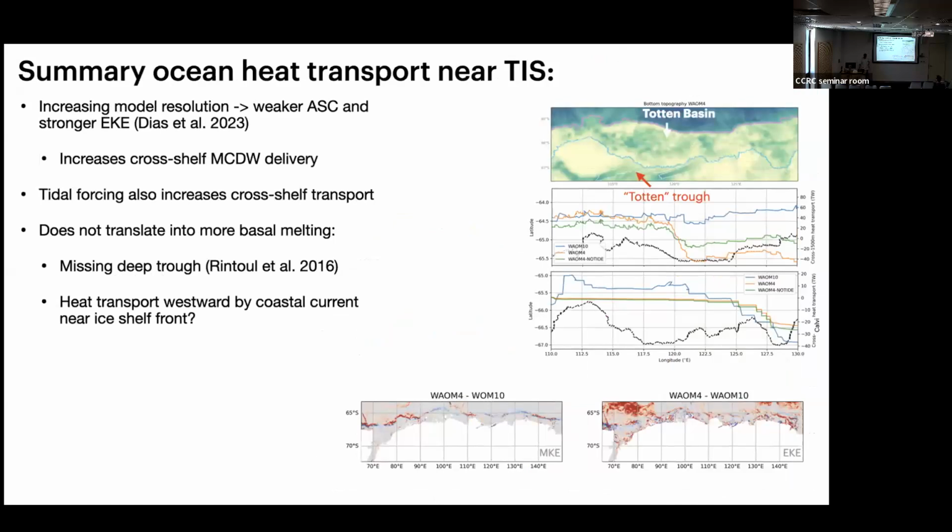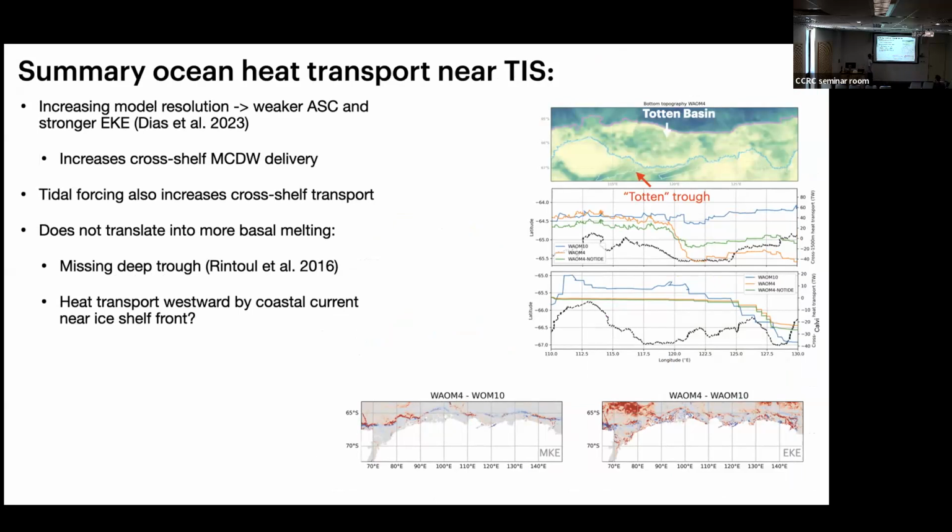Yeah, so just to briefly summarize, also something I mentioned before is that when increasing resolution, you see this change in the slope current and the eddy kinetic energy. So definitely you have a weaker slope current and more eddies transporting heat to the shelf, but this is not being translated into heat being transported toward the ice shelves in this region.